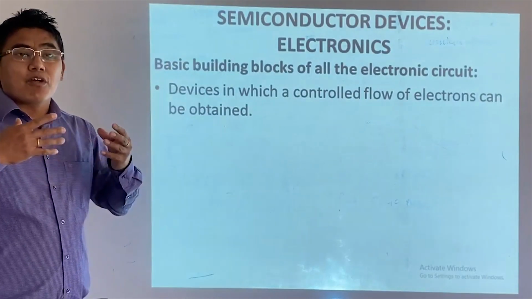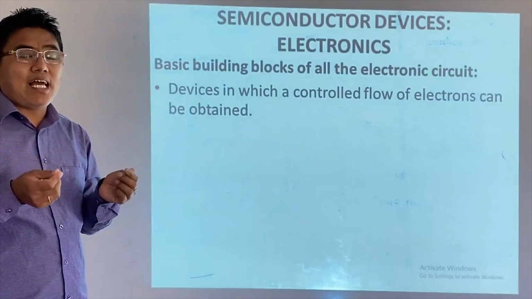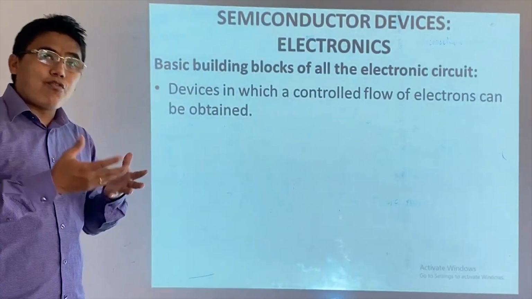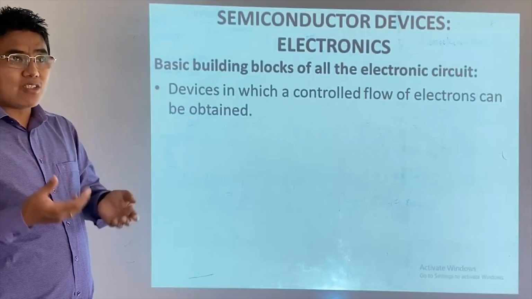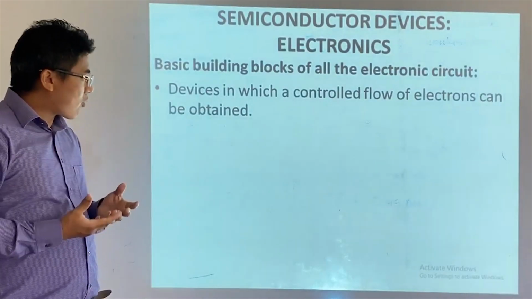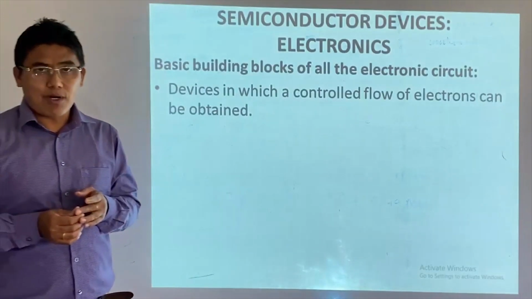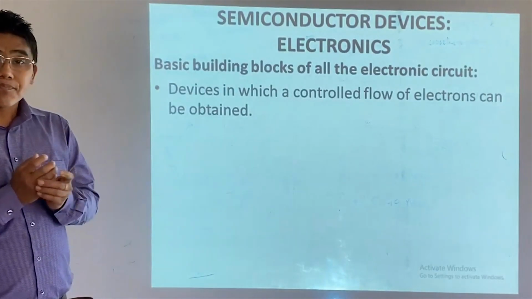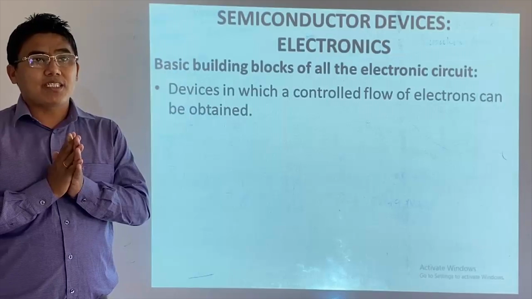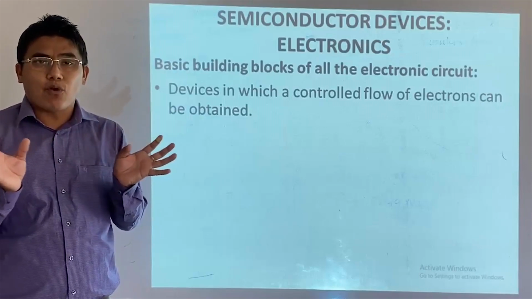So the particular device has full control over the flow of that information, and that is what we call an electronic device. All right. So in this chapter, we are going to study the basics of those electronic devices.